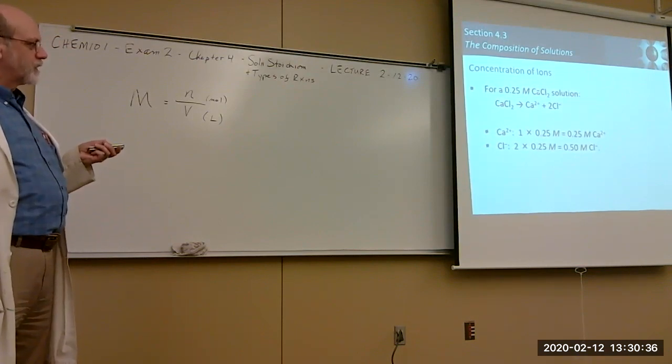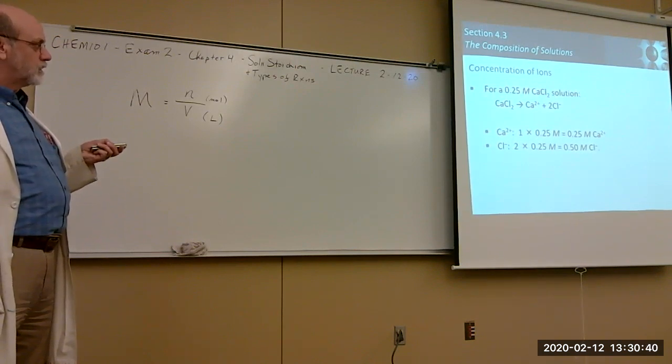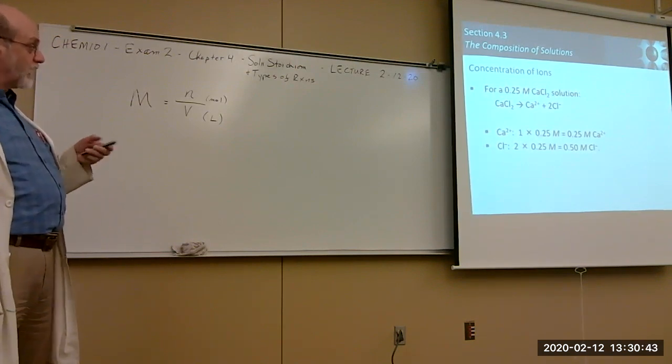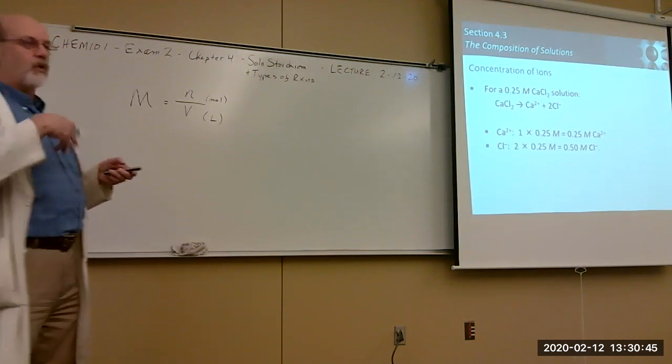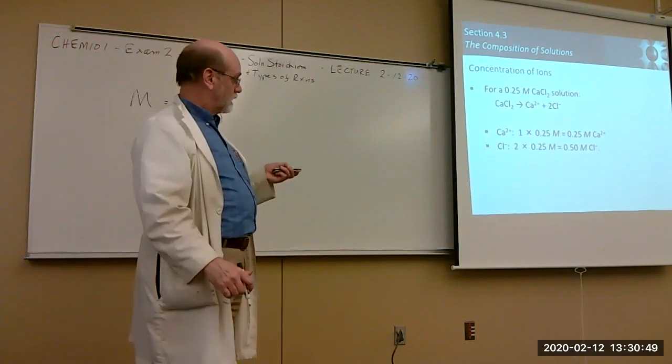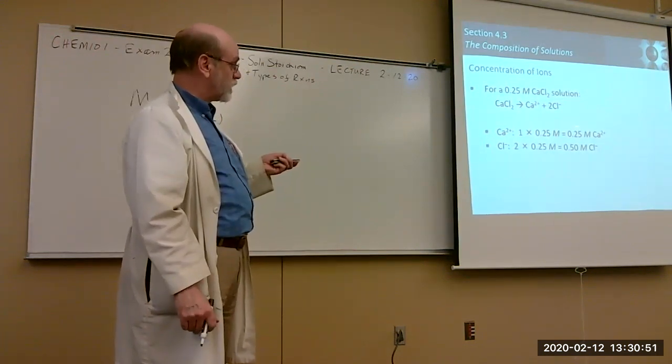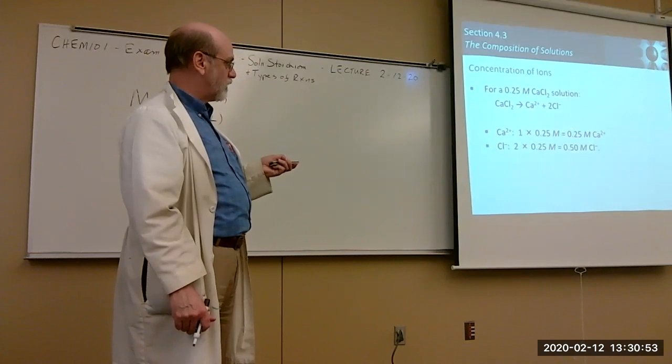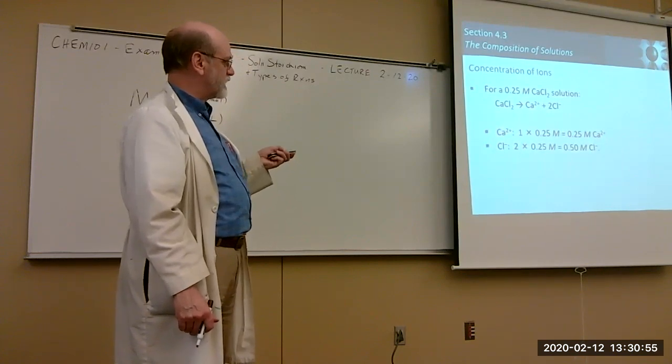Well, notice that for every molarity of calcium chloride, you have 1 molarity of calcium ions because there's only 1 in the molecule. Right? So the concentration of calcium ions when it goes into solution is 0.25 molar, same as the molecule.